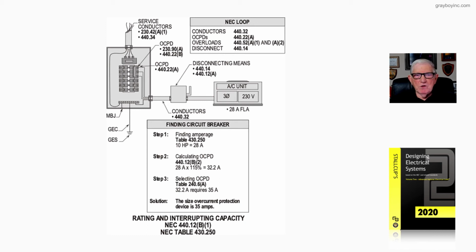Now step 2, 440.12b2, we apply the 115% rule of times 28 amp, and we come up with 32.2.